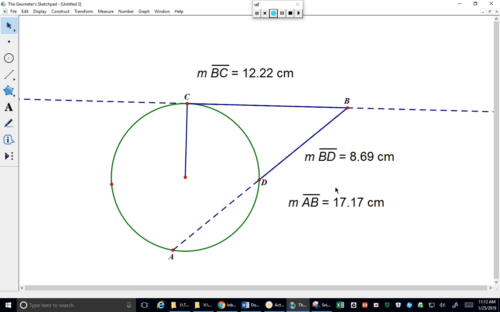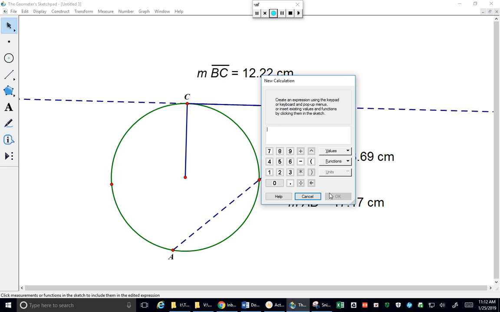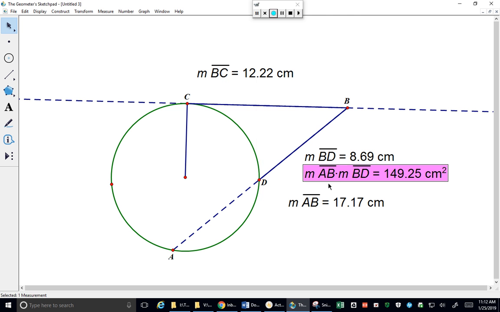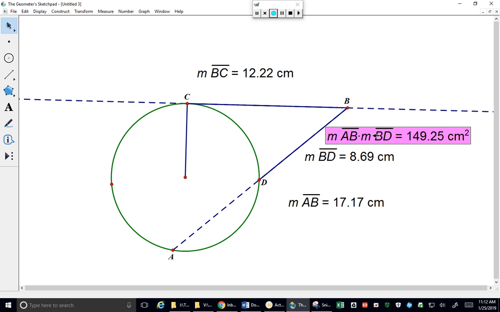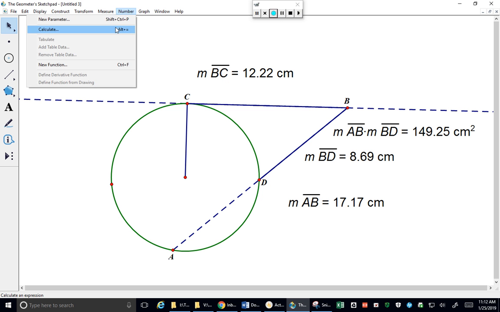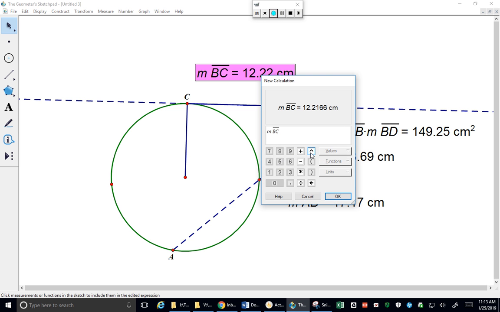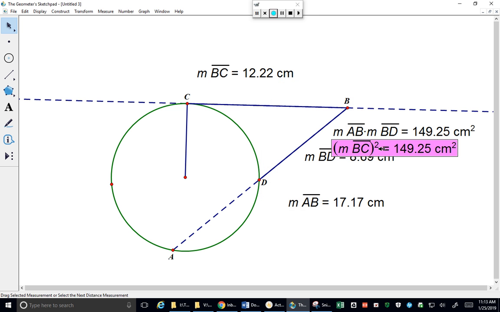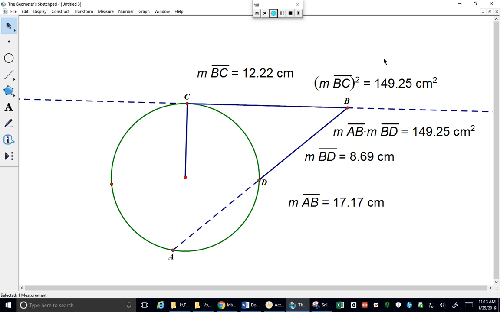So the relationship was the entire length, which is this one, times the outside portion, which was that. Okay, so there's that product. It needs to equal, calculate this thing raised to the second power, or that thing squared. So we can verify by moving our things around. I will move my tangent.